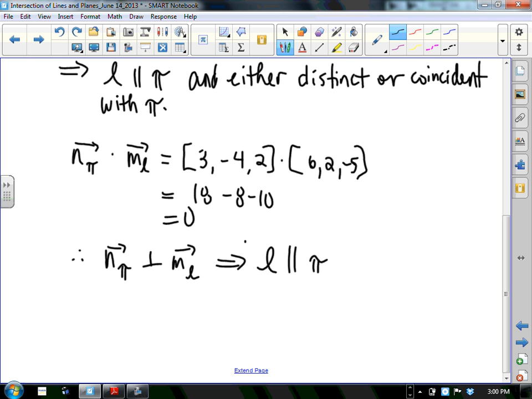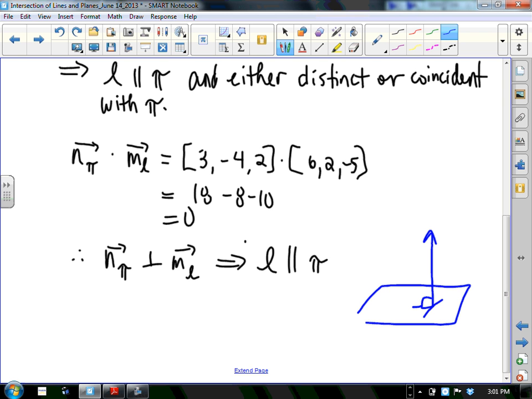And if that's not clear, take a moment to think about it. If this is our plane, and you happen to have a normal vector, so it's a vector coming out of the plane that's perpendicular to it.